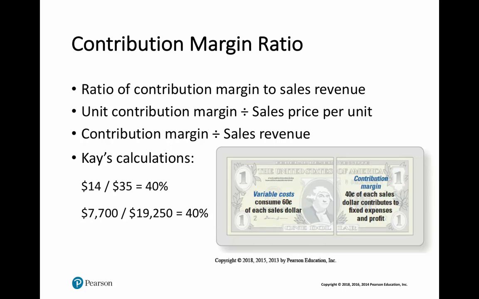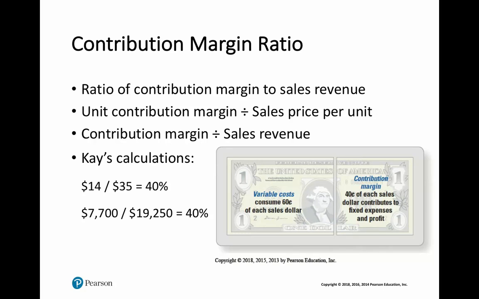Again, 40%. So you can do it either way. It's going to come out to the same exact contribution margin ratio. And what that tells you is for every additional dollar of revenue that Kay now sells, 40 cents is going to go to her contribution margin. The other 60 cents, or 60%, is going to go to cover her variable expenses. So that's what that tells you.